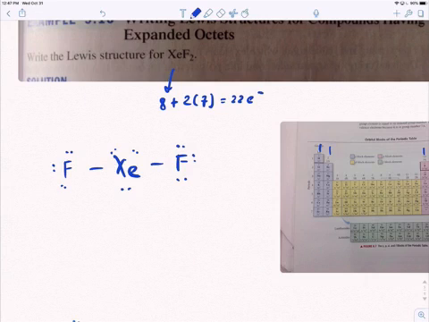And xenon, since it is above period 3, can have an expanded octet. That's why I put the extra electrons around xenon. And it's fine. Next chapter we'll find out that this is a bipyramidal electronic structure, and it's a linear molecule. So, does anybody have any questions on how I've done this?